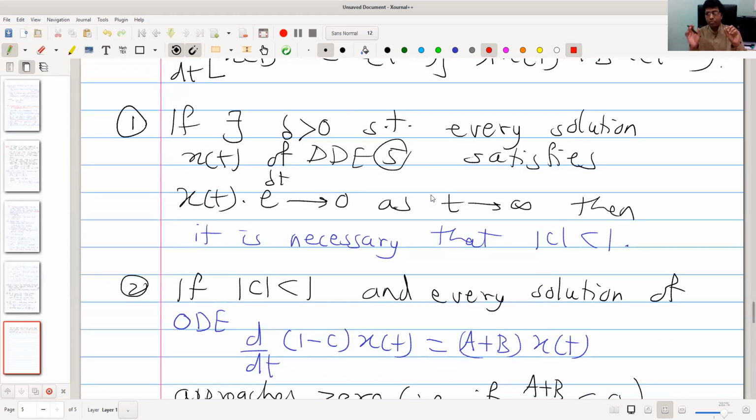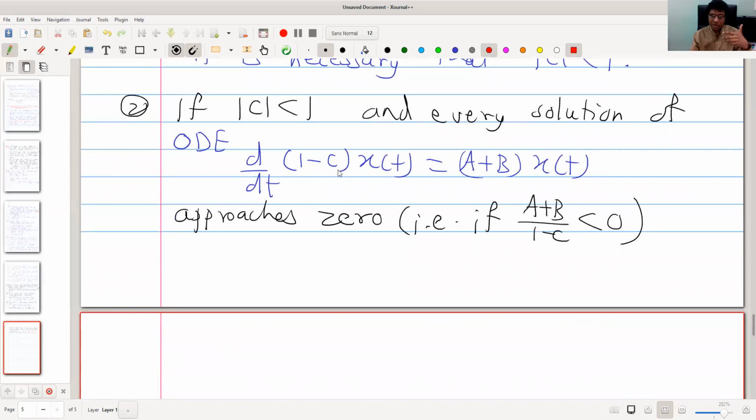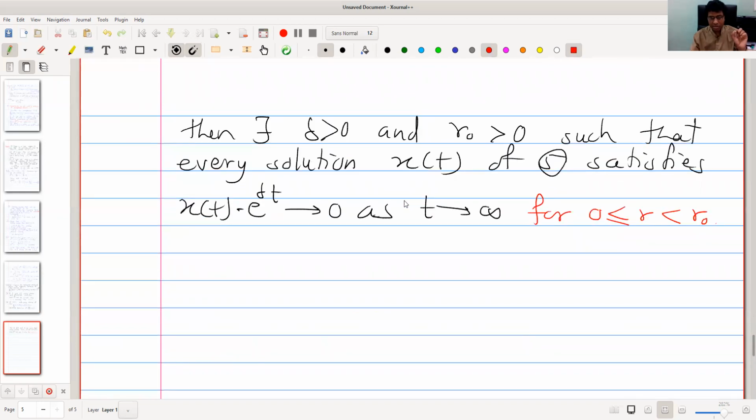So the behavior of both these equations will be the same, and we are assuming that all the solutions of this ODE are tending to 0. So for sufficiently small r, this solution is also tending to 0. Of course, there is e raised to delta t, that doesn't matter.